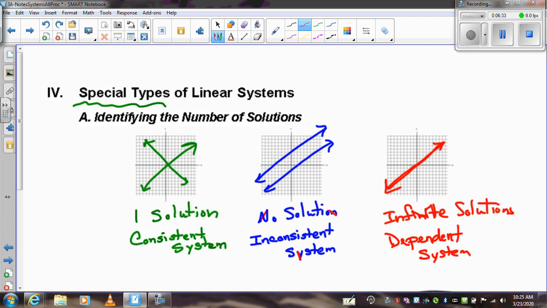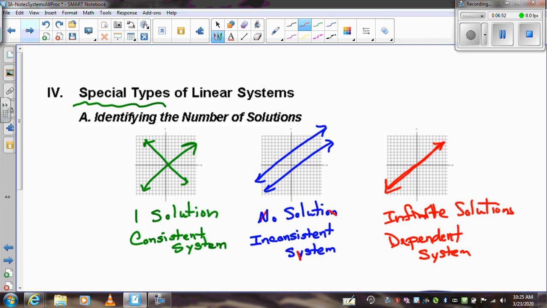So it could be consistent, meaning they have one answer in common. It could be no solution, which means there are no points in common with both lines. Or they can have all the points that are on the line, and you know a line is made up of an infinite amount of points, so we have infinite solutions.